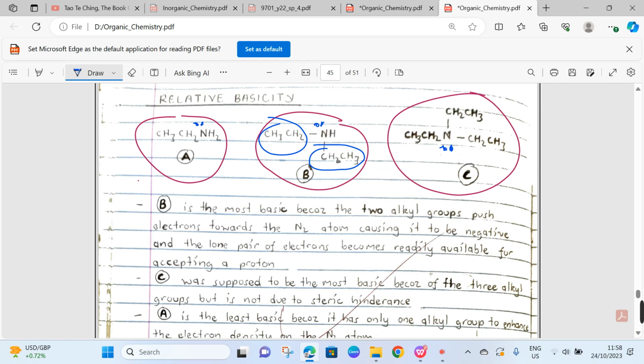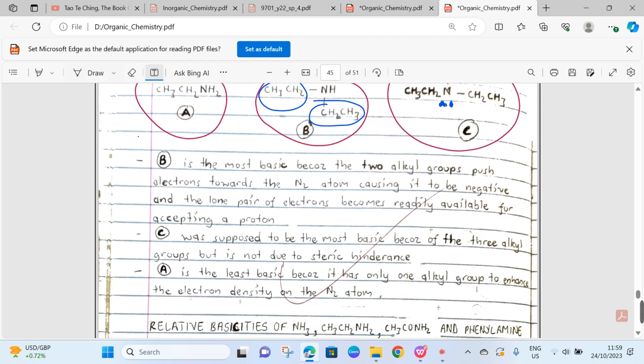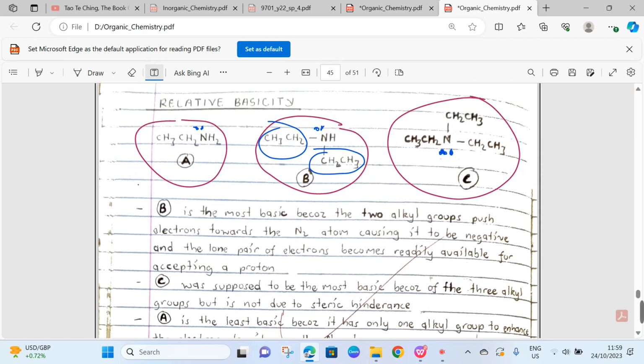Right? Now, molecule C, on the other hand, should have been the most basic of these three compounds because of the three alkyl groups, but is not due to a phenomenon that is known as steric hindrance. Before the proton can accept the lone pair of electrons, it will face some hindrance from these alkyl groups that are surrounding the nitrogen atom.